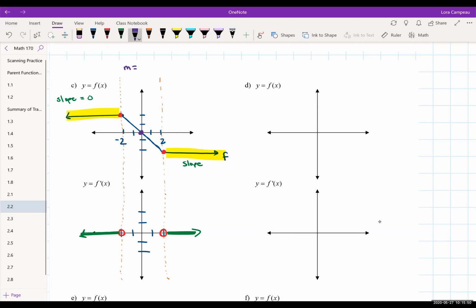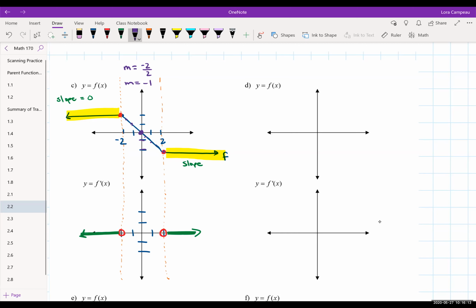I can say the slope is down 2, right 2. So down 2, right 2 simplifies to -1. So for every point along this piece of the function, your slope is always -1 anytime you could calculate the slope of the tangent line.